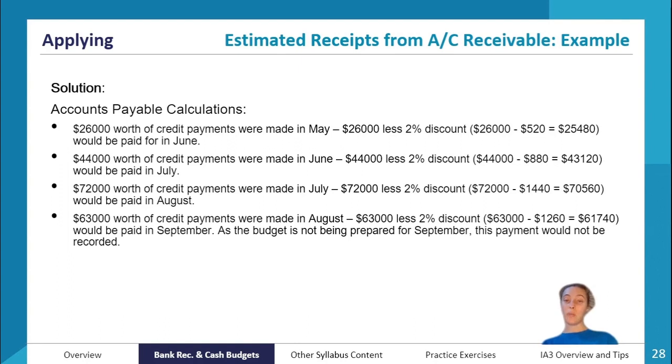We were going to get a 2% discount on that, so we've done that calculation there. 44,000 in June, and again that calculation. If we fast track down to the fourth point there, again we've got that line. As the budget is not being prepared for September, this payment would not be recorded.